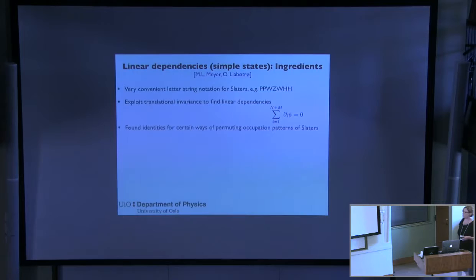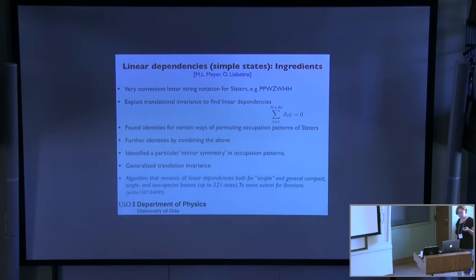They found a number of identities for certain ways of permuting these occupation patterns. Combining the above gives you even more identities. They find a certain kind of mirror symmetry in how you can change these occupation patterns without changing the outcome. And there is also a generalized version of this referred to as generalized translation invariance, which goes into the proof.